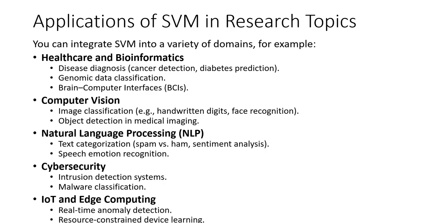Number three, natural language processing. It deals with the processing and analysis of human language. One common application of SVM in NLP is text classification.